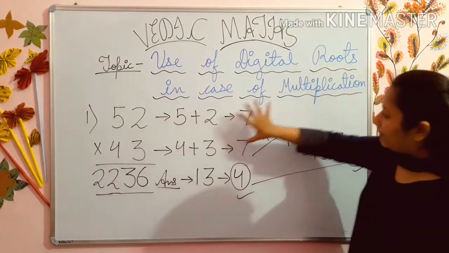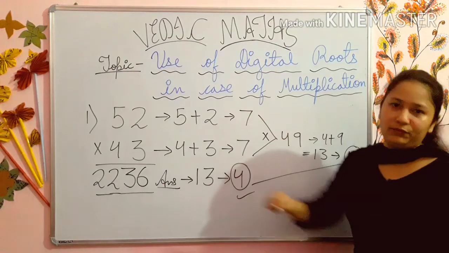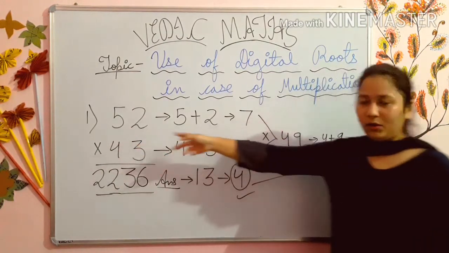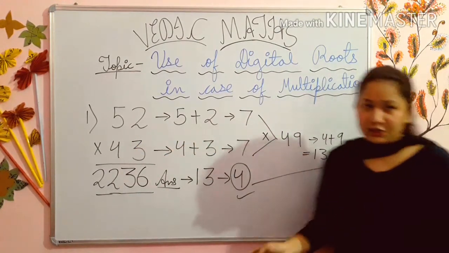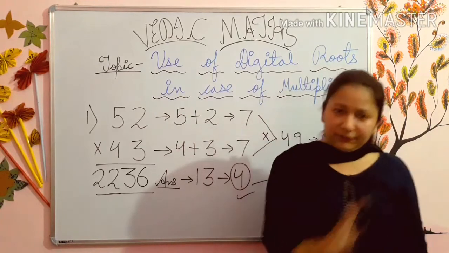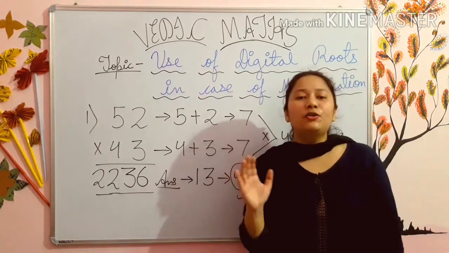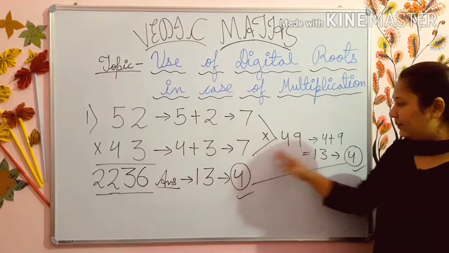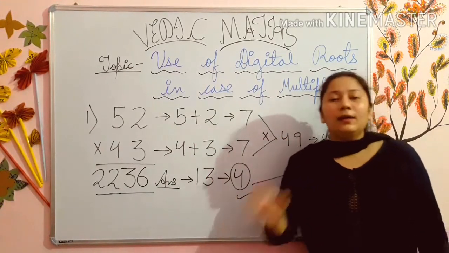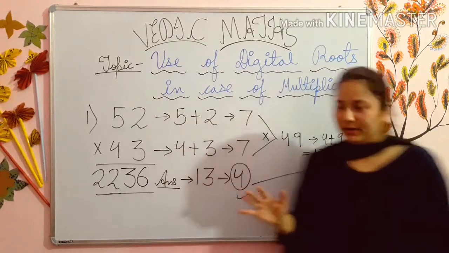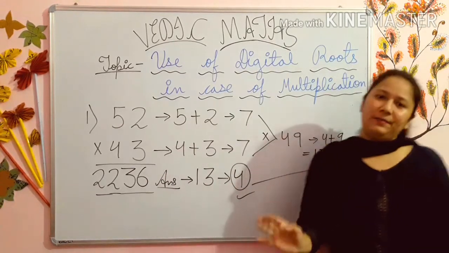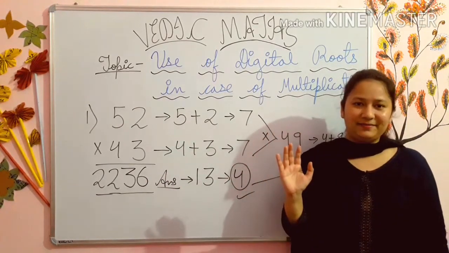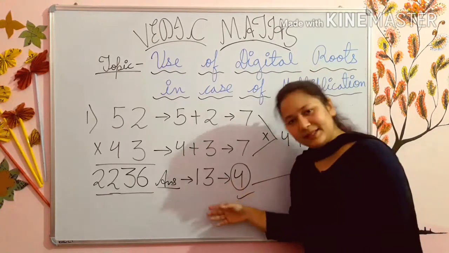So you have to multiply both the digital roots of these two upper rows. After multiplication, just remember, whatever the number will be, it should be a single digit number. See, after multiplication 49 is there, make it a single digit number. Add it until it becomes a single digit. I hope kids you are getting this method.